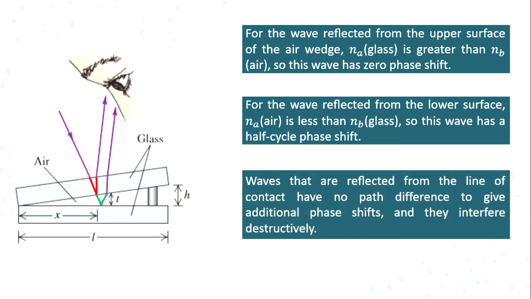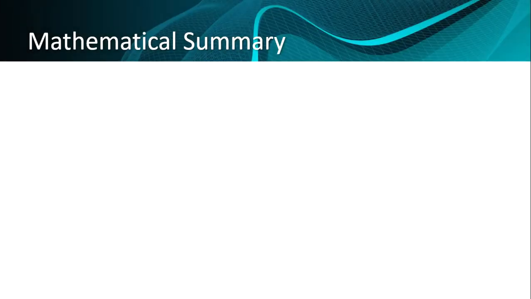Waves that are reflected from the line of contact have no path difference to give additional phase shifts, and they interfere destructively. So here is our mathematical summary.